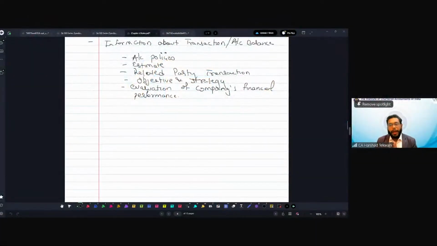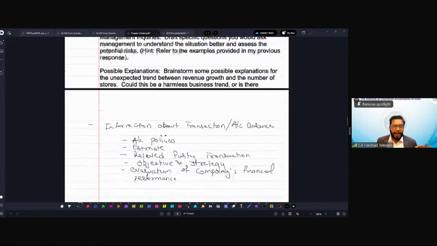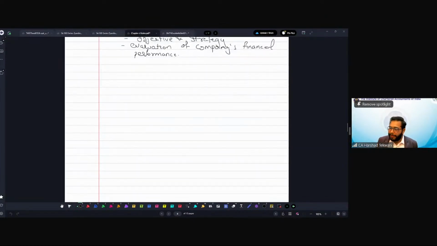Now, what we are going to discuss is a very important part. We understood the entity, we understood the environment. Now, as a part of understanding the entity's environment, we are required to understand the entity's internal controls.